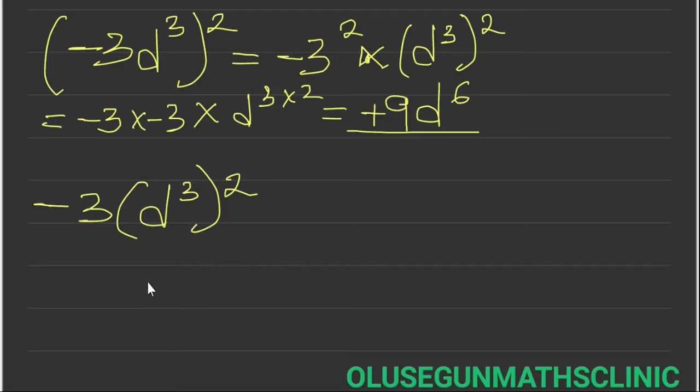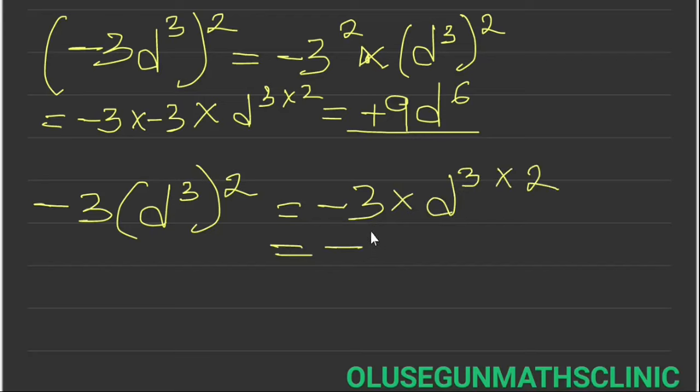It does not affect 3. So it will now be minus 3 times d raised to power 3 times 2. And the final answer will give you minus 3d raised to power 6. Final answer, nothing more than that.